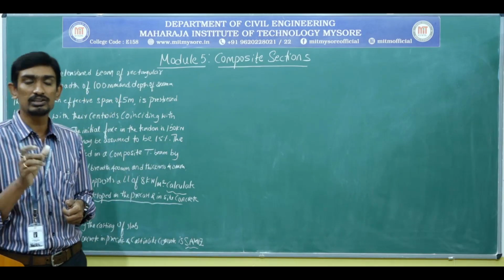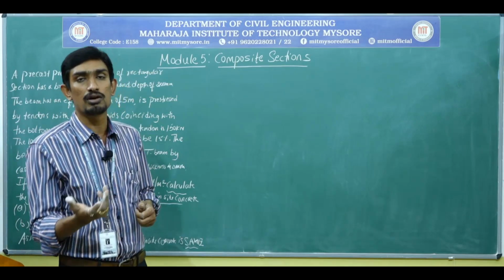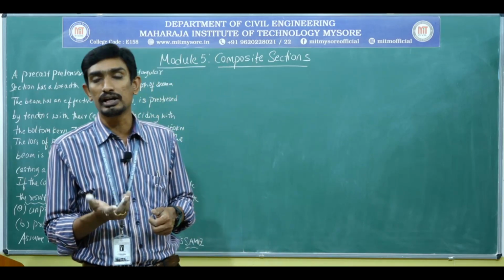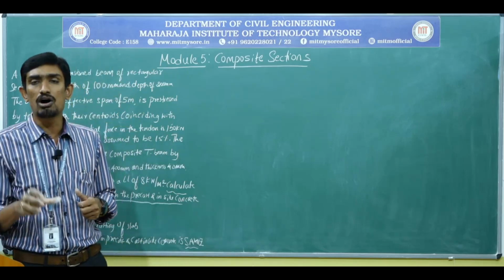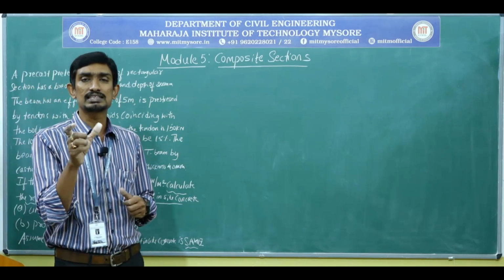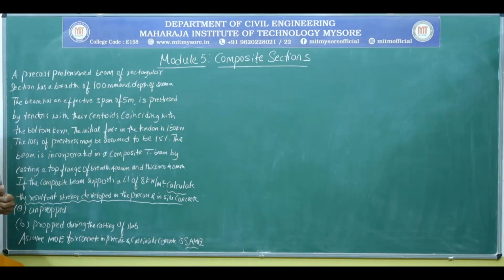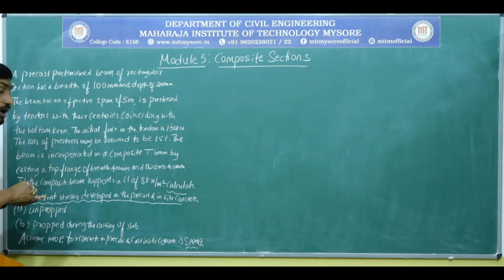Resultant means considering all the conditions: self-weight, live load of composite section, self-weight of precast, self-weight of in situ concrete, everything. So by considering all these conditions, it is asking the resultant stresses in the composite section. So for what condition?